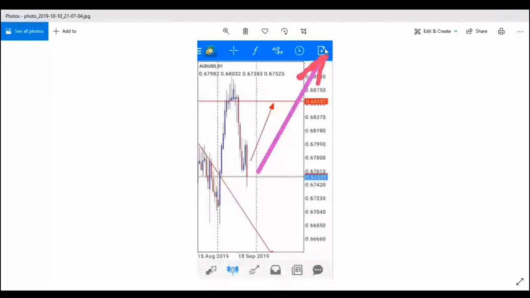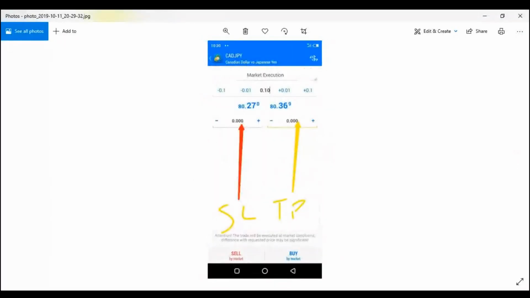So right there, the icon up above, the plus in the paper, you click on it to put in your take profit on your MT4 platform. Then it takes you to this part right here.